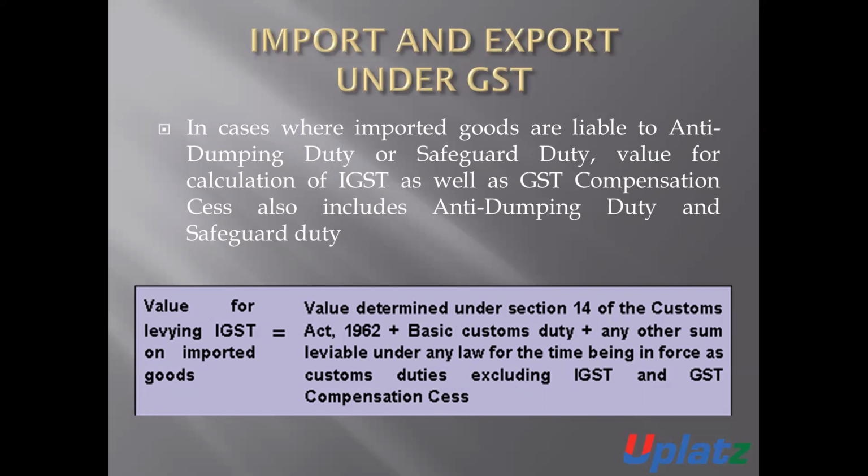The value for levying IGST on imported goods is equal to the value determined under section 14 of the Custom Act 1962, plus basic custom duty, plus any other sum leviable under any law for the time being in force as custom duty, excluding IGST and GST compensation cess.